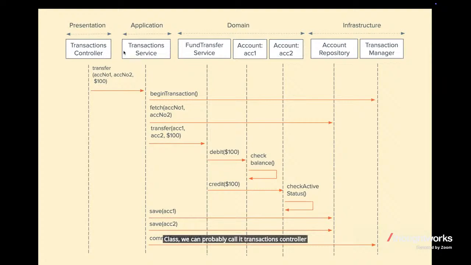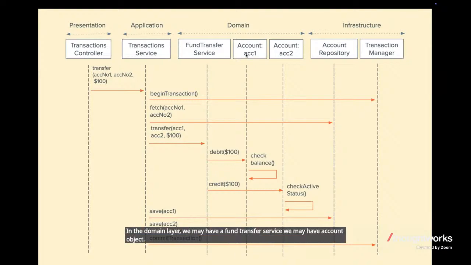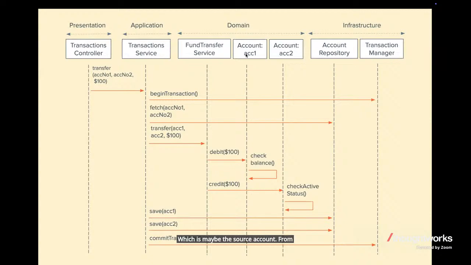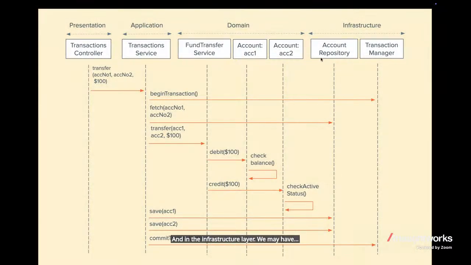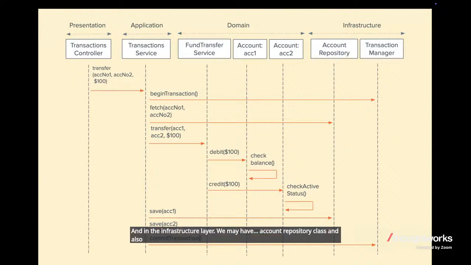We may have a transaction service in the application layer. In the domain layer, we may have a fund transfer service, an account object which is the source account from where we want to debit the money, and another account object to which we want to credit the money. And in the infrastructure layer, we may have an account repository class and also a transaction manager.